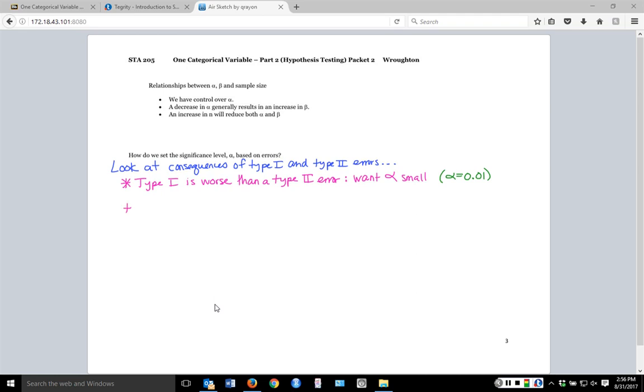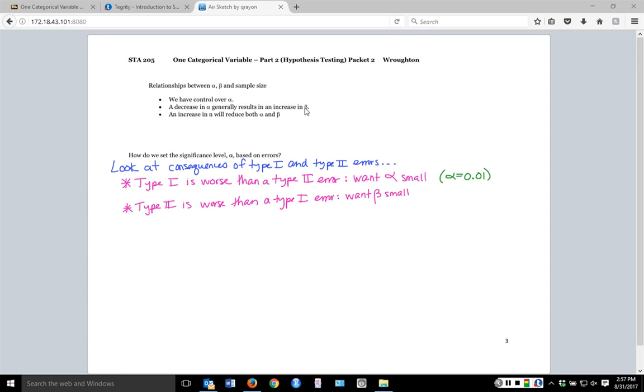If instead a type 2 error is worse than a type 1 error, that means I would want beta, which is my chance of a type 2 error, to be small. But notice I can't control beta.